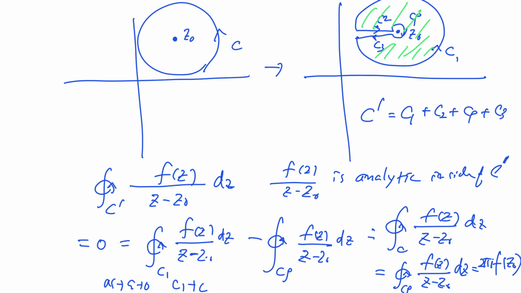Because C2 and C3, if we sum over this, is 0. So effectively, it becomes just C1 becomes C minus this. And this we just calculated: 2 pi I f of z naught. So this proves the Cauchy's integral formula.